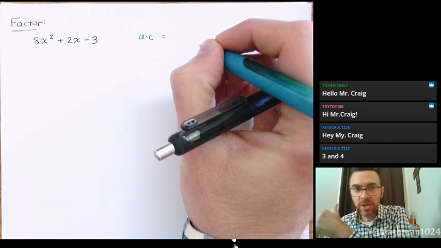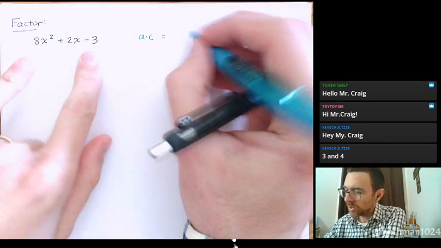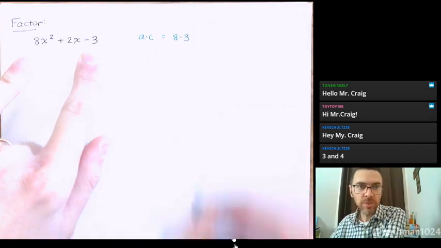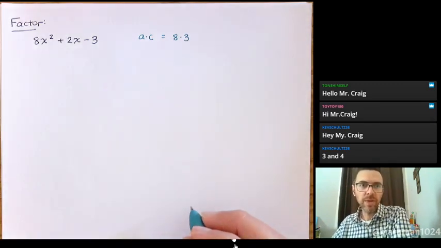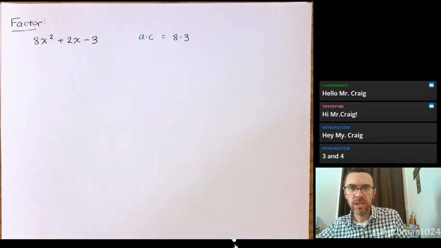Now, like I was telling you guys yesterday, I'm going to ignore signs for the most part. Look at the numbers. I'm just going to do 8 times 3. That's my A times C. Okay? Let me change something real quick.